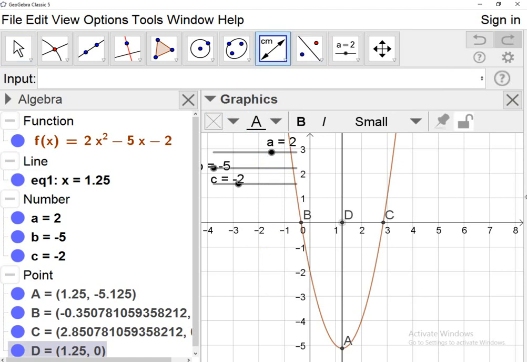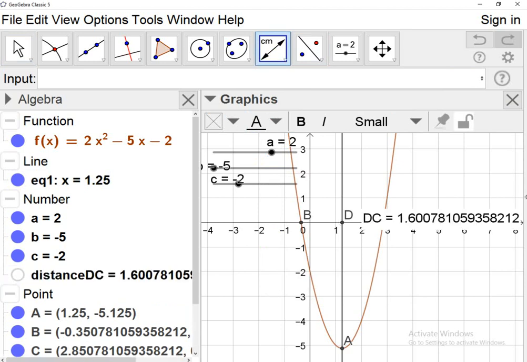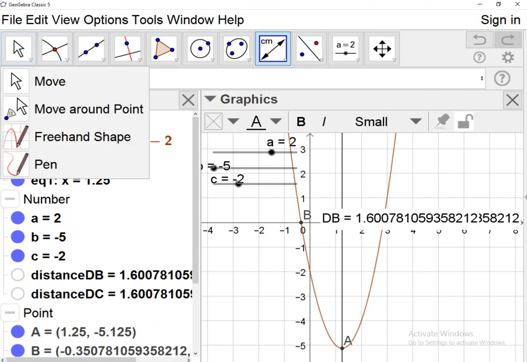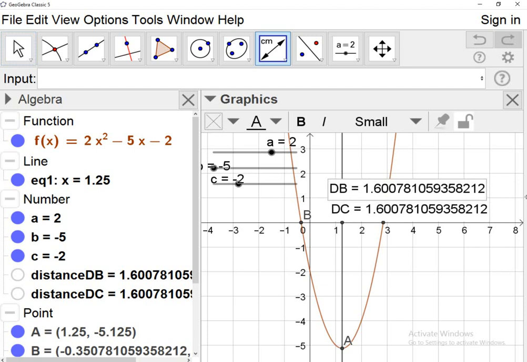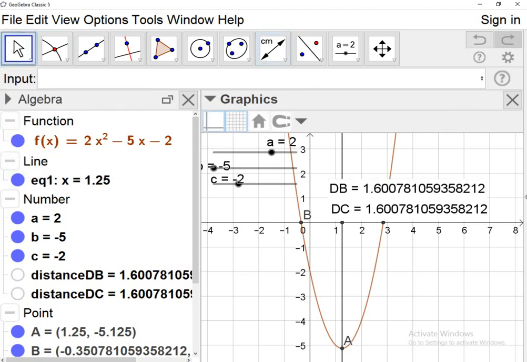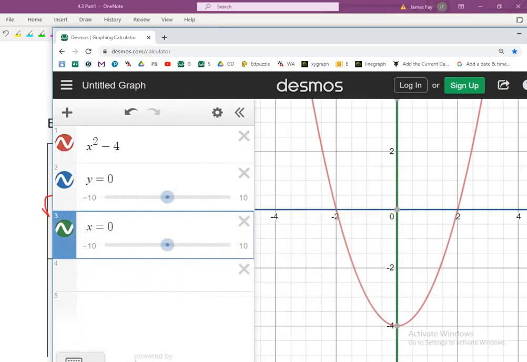If I go D to C, that's 1.600781105. If I go from D to B, do you see it's the same distance? Those two numbers the same? And that's the case on every single parabola you're ever going to come across. And obviously here we see it with the -2 and +2.